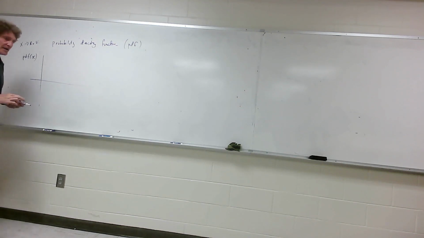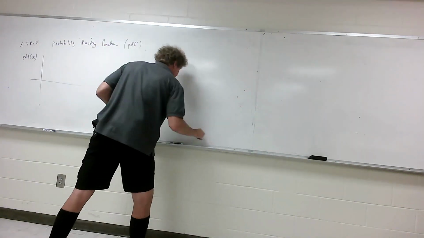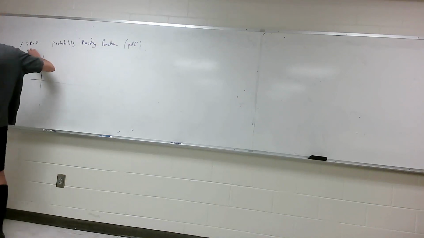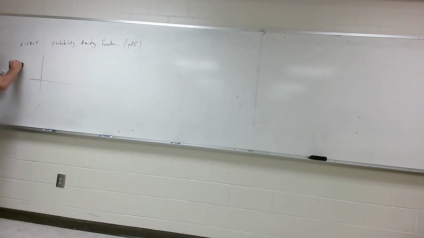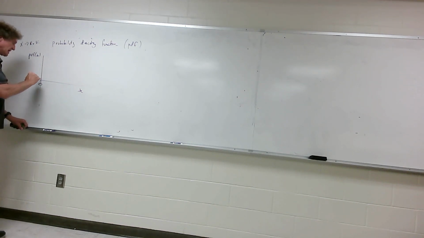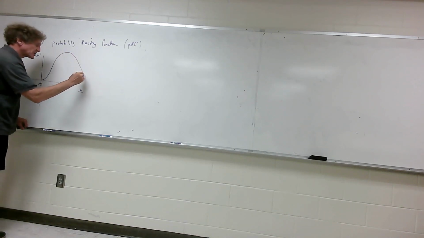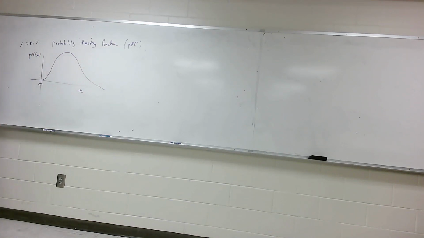You'll understand it has to be a function of x. And this is x. I'm going to just say this is 0, doesn't matter. And it looks something like this. The shape of the curve has nothing to do with it.